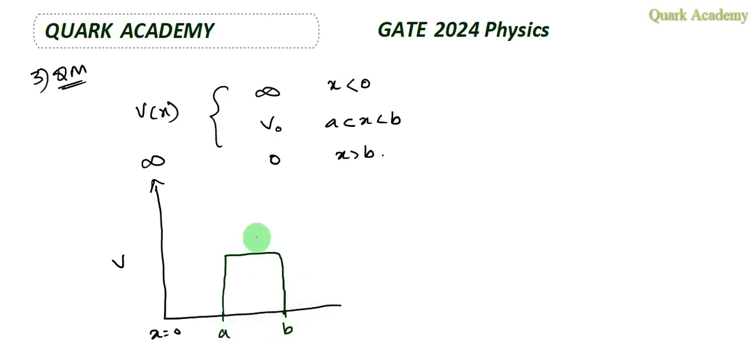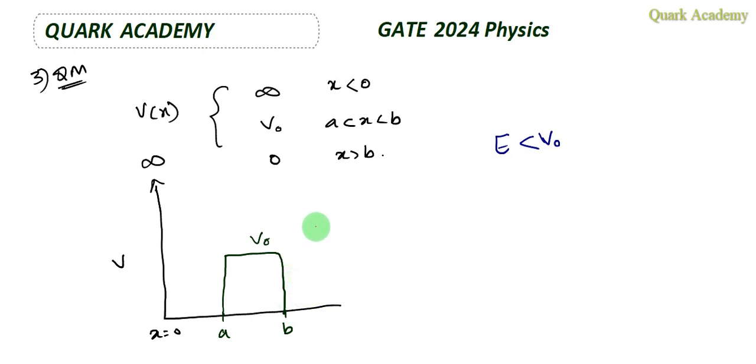So this is the potential, like V0, and they have given a condition. The condition is total energy is less than this potential V0, something like that, and some options were given for the wave function. So here the thing which we have to notice, where the potential is 0, I mean after this b, the wave function should be oscillatory.